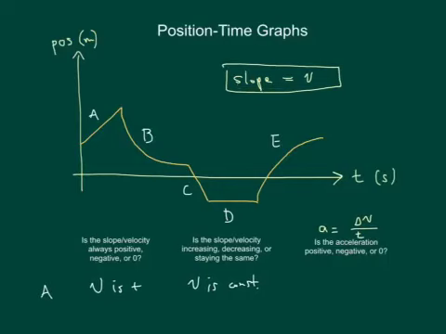So change in velocity over time, if the velocity is constant, there is no change. The change is zero, and hence the acceleration is zero. So for segment A, the acceleration is zero because the line is straight. It's not curvy. Let's move on now to part B.